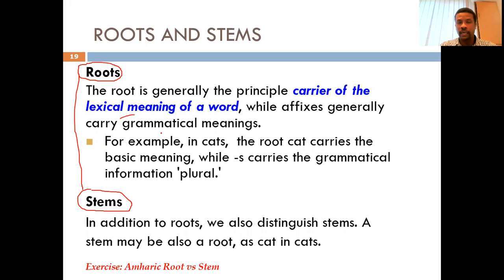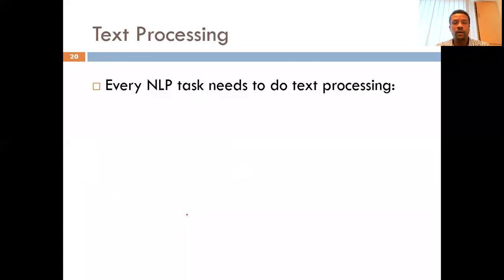Some will make it plural, some will make it continuous, some will make it negative. For example, in the word cats, the root is cat, which has a basic meaning from a dictionary, and s is a grammatical feature that shows plurality, or number. This is the main distinction between a stem and a root.